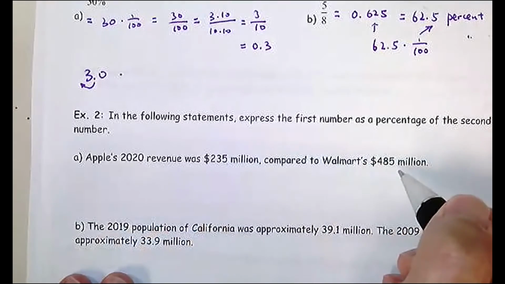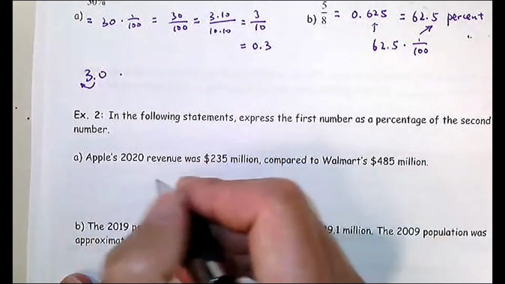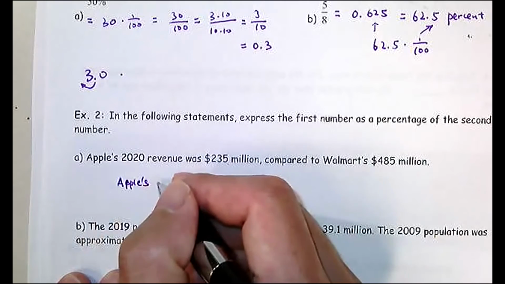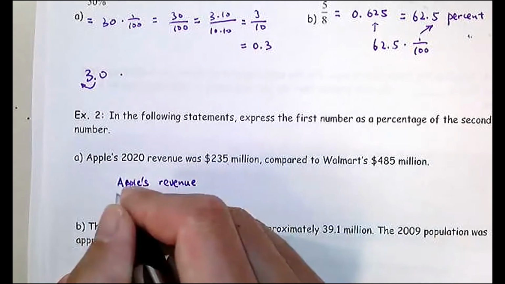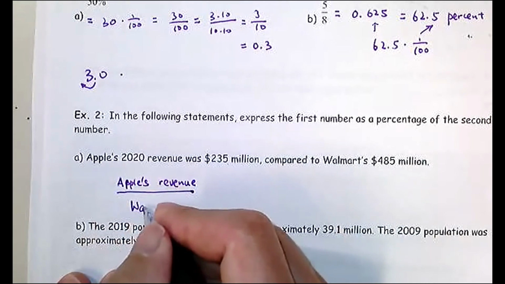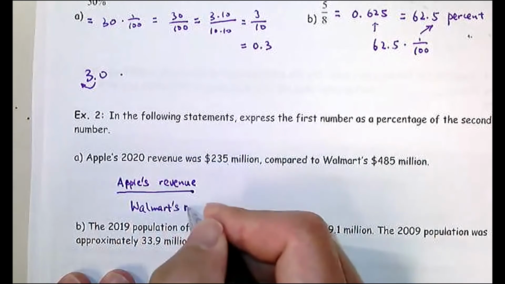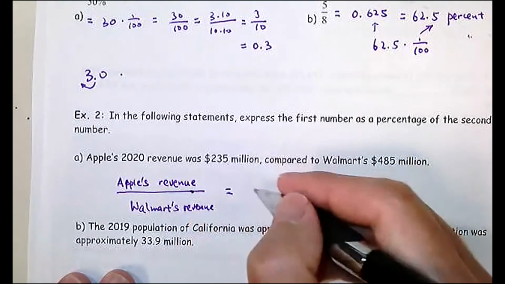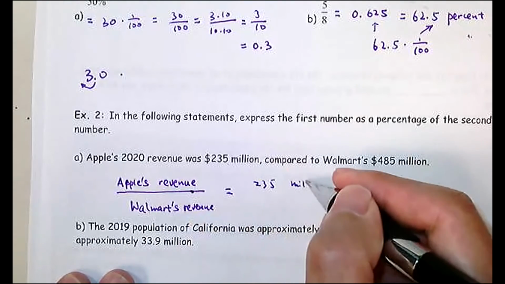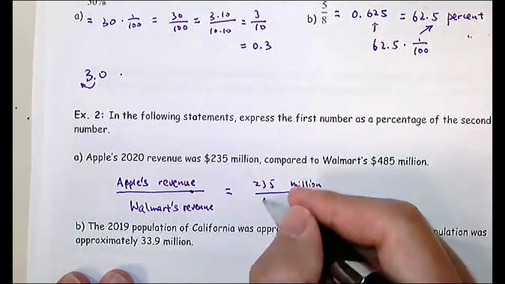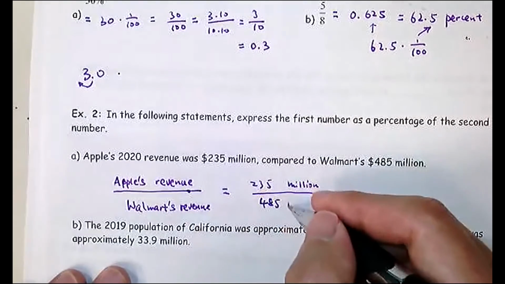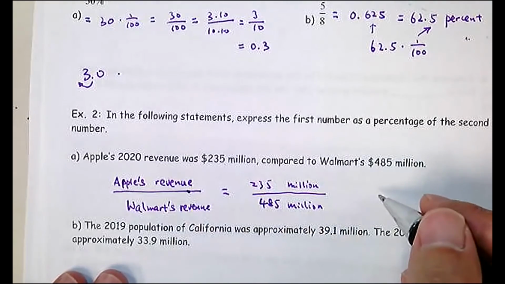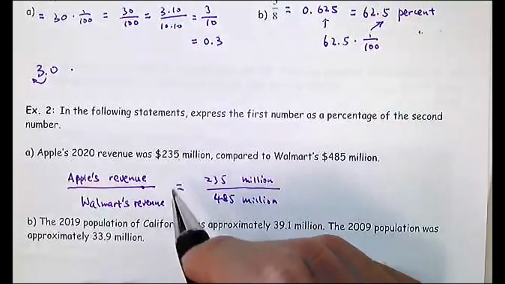Let's find the ratio first. Apple's revenue divided by Walmart's revenue is 235 over 485.